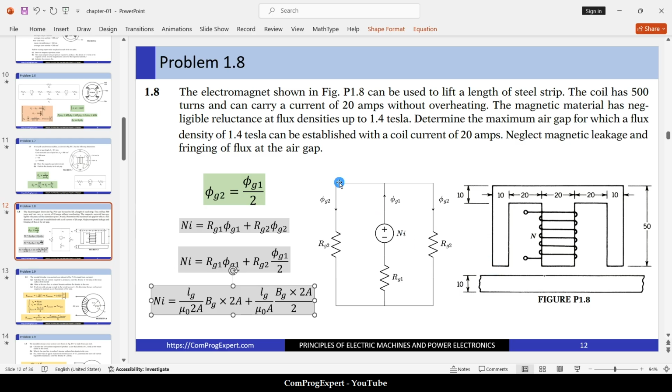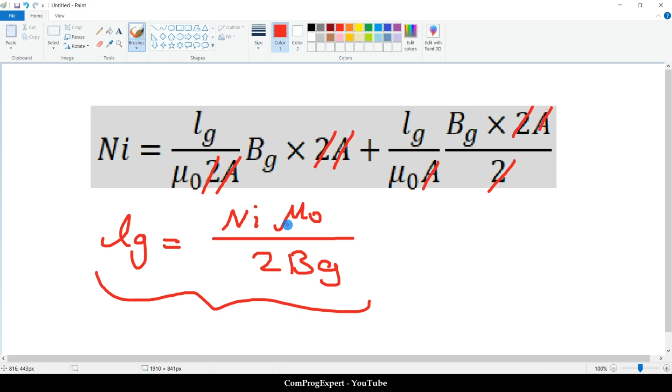So when the air gap length is lower than this one, we have a higher value for the flux density. And when it is higher, we have a lower value for the flux density. The unit of these numbers is not important as you saw in the calculations that we had.